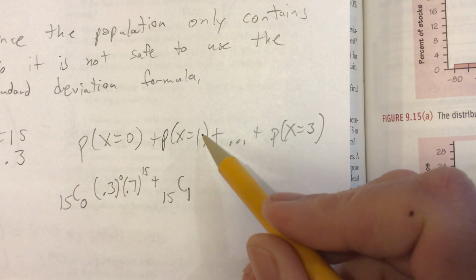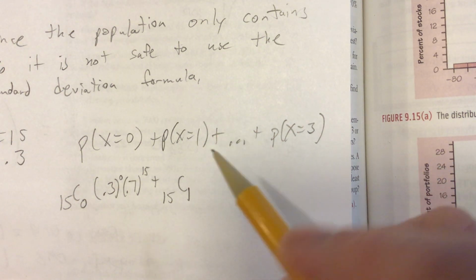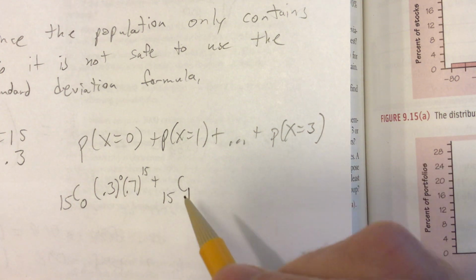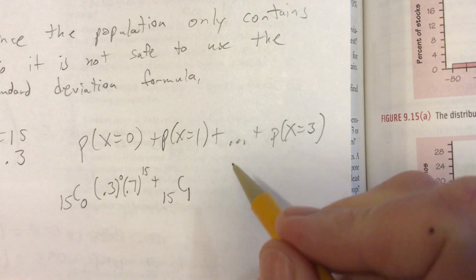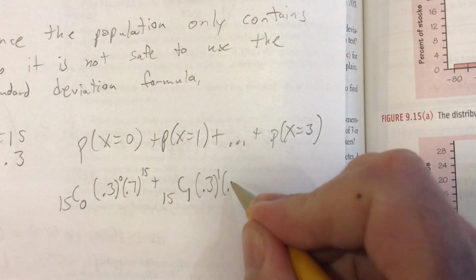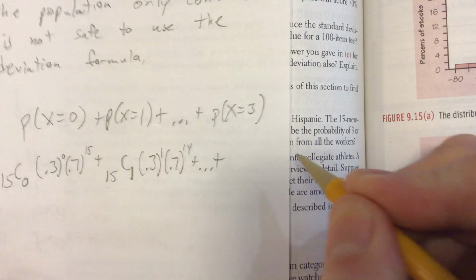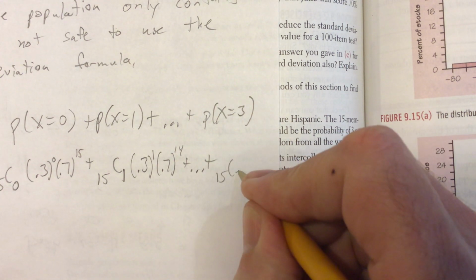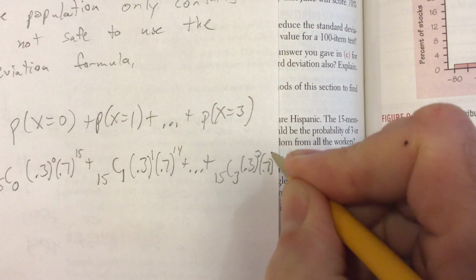Realize this number is changing because now we want 1 from the pool, okay? This was 0 from the pool. Now we want 1. So there's 15 ways. It could be the first or the second or the third or the fourth, right? All the way out to the 15th chosen. That's why this is 15. And then the last one, 15 choose 3, 0.3 cubed, 0.7 to the 12th.